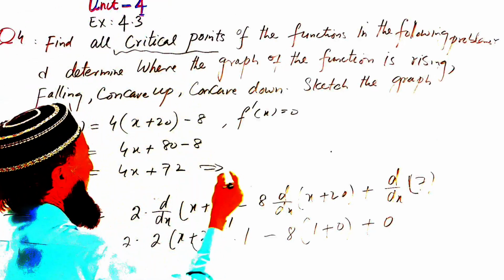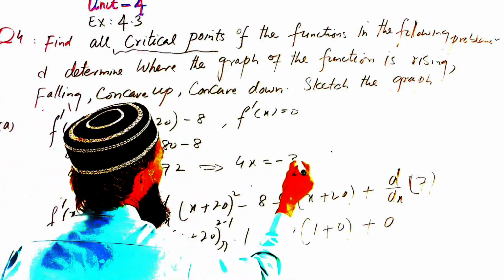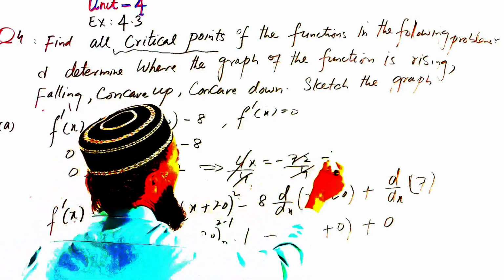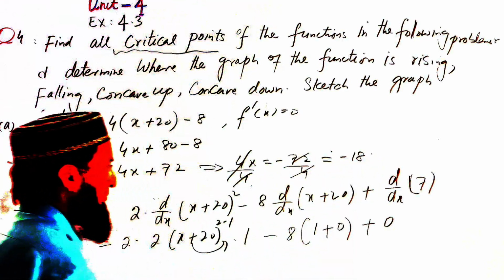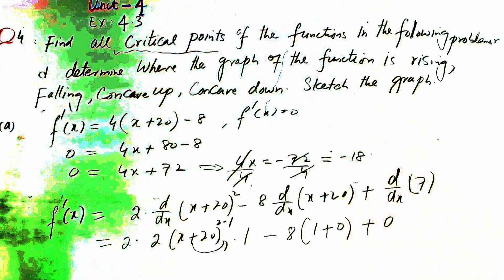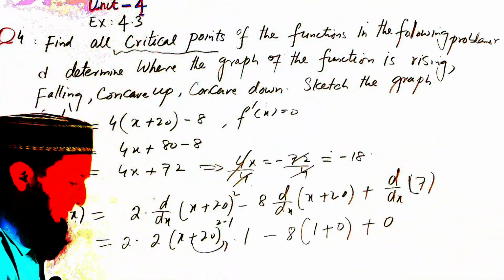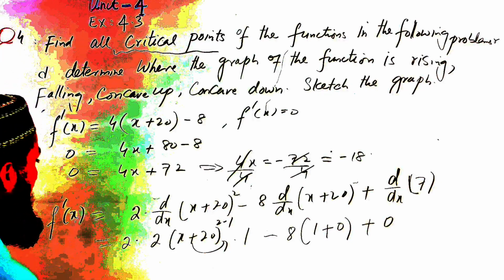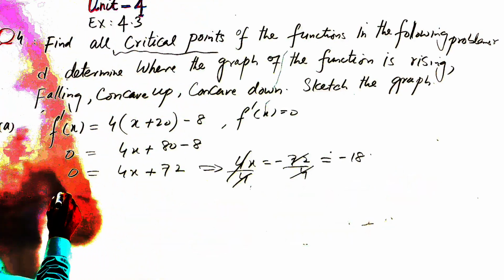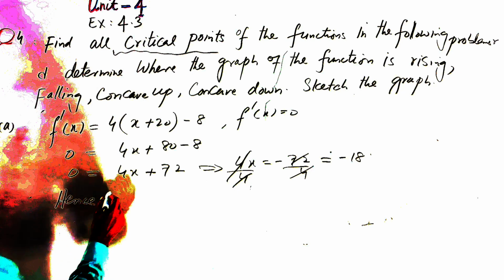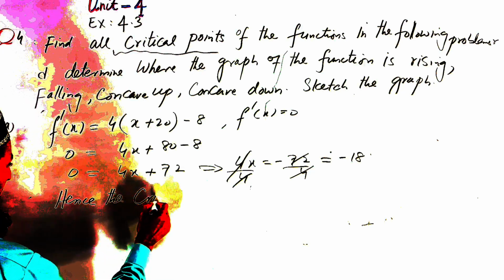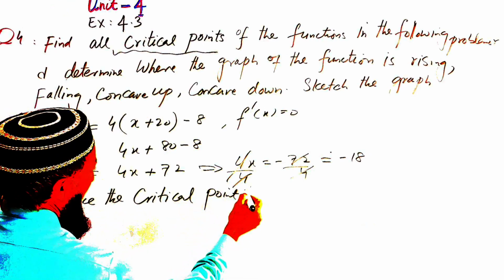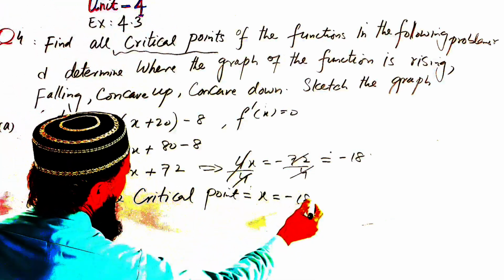This implies that 4x is equal to minus 72, dividing both sides by 4, we get minus 18. Here the point x is equal to minus 18 is the critical point.